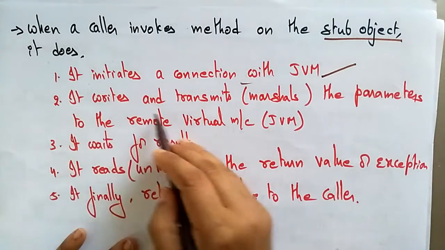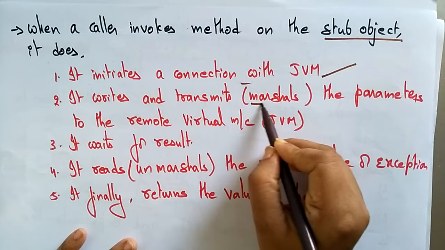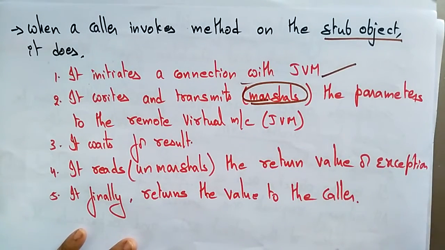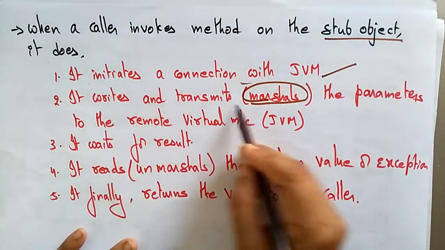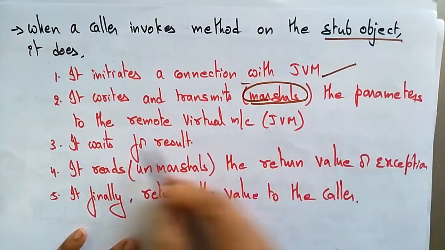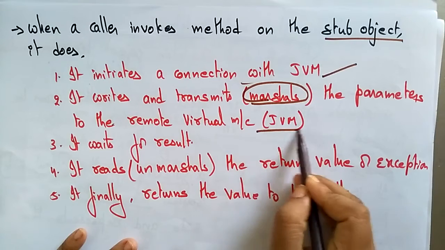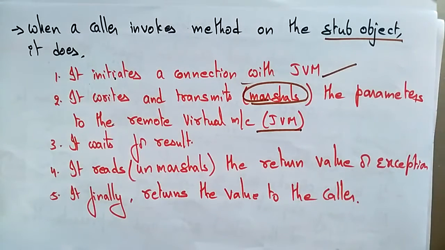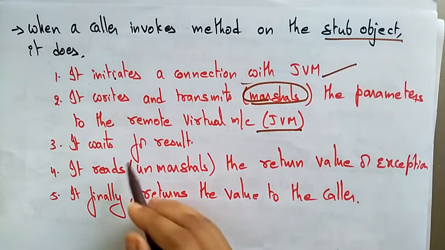Then it writes and transmits. Transmit means marshal. Reads means unmarshal. Okay, if you want to transmit or write the data, you call the term marshal. So it writes and transmits the parameters to the remote virtual machine, that is, the Java virtual machine. First initiate the connection, next transmit the parameters to the JVM and wait for the result.